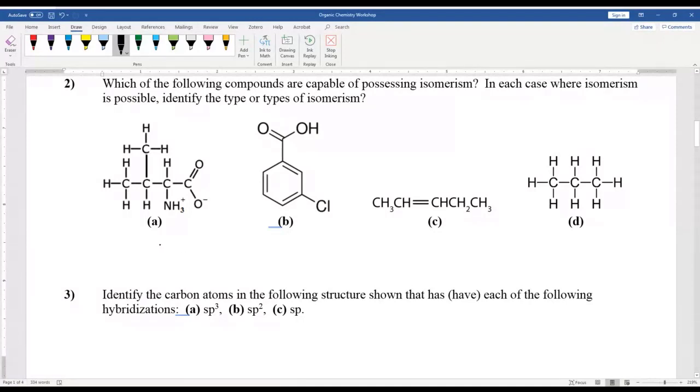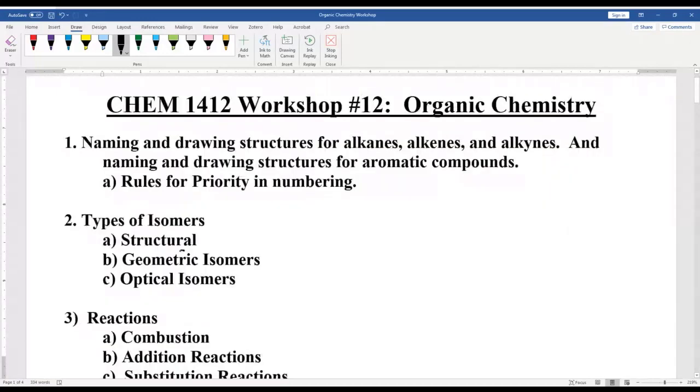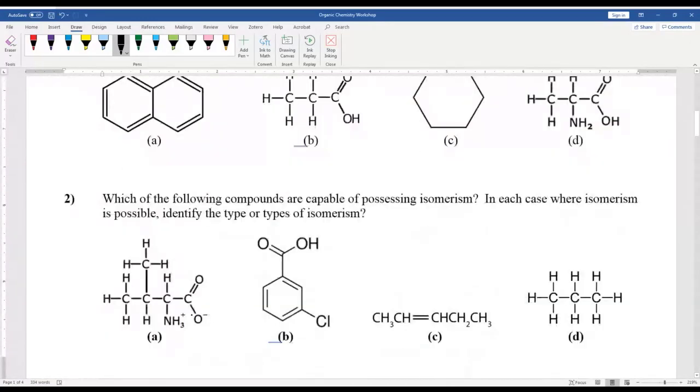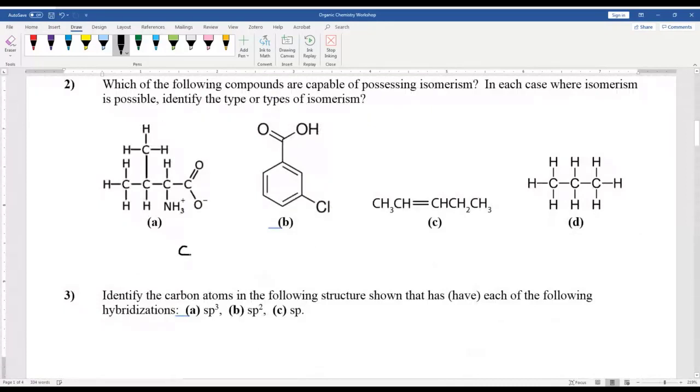So basically think about it like this. For A, down here, instead of having a branch there, could I have this just as a chain of 5 carbons like this? Yes, indeed. I could still have the NH3 here.